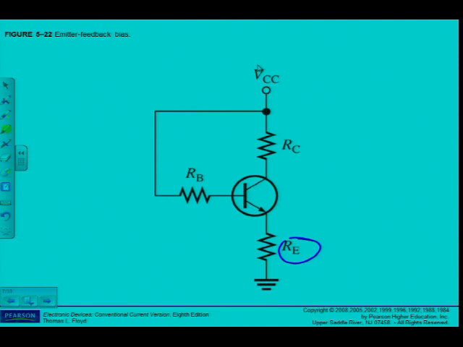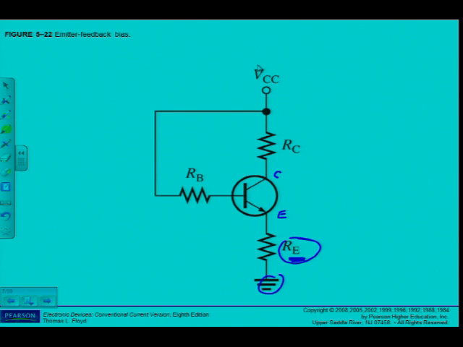Okay, and also in this case, if you can remember, with the base biasing, I said that VC, which is measured with reference to ground, is equal to VCE because there was no resistor, but now it's not true anymore. Because there's a resistor, so there's a volt drop over that resistor, so those two values are not the same anymore.